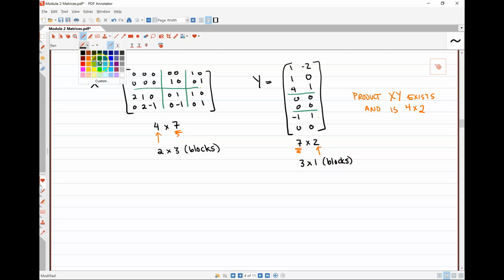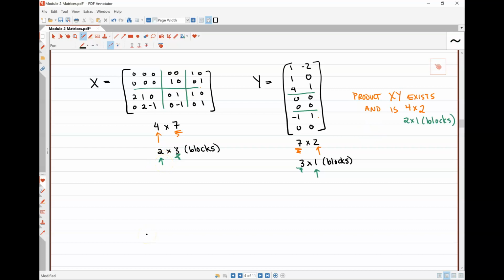Now, again, because the number of columns of blocks in the first matrix matches the number of rows of blocks in the second matrix, those two matrices can be multiplied, provided their interior matrices can be multiplied, and the result is going to be a matrix that is 2 by 1 blocks.